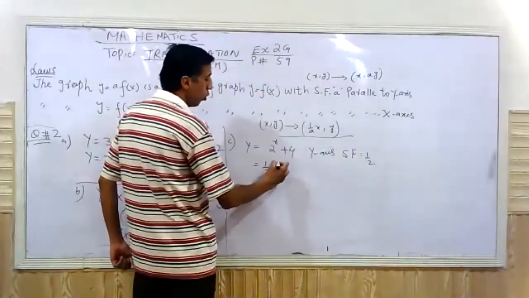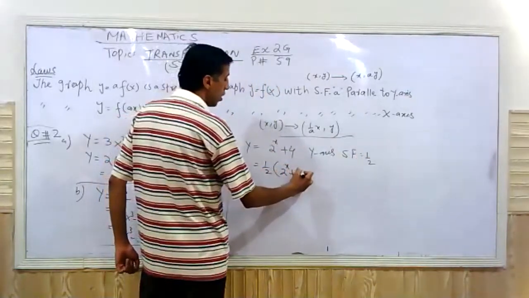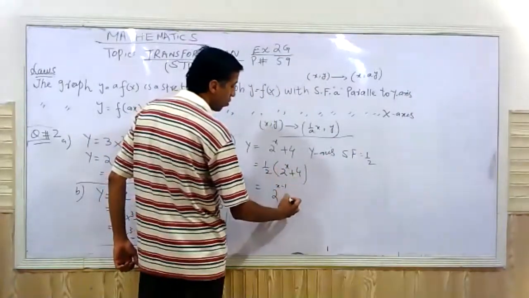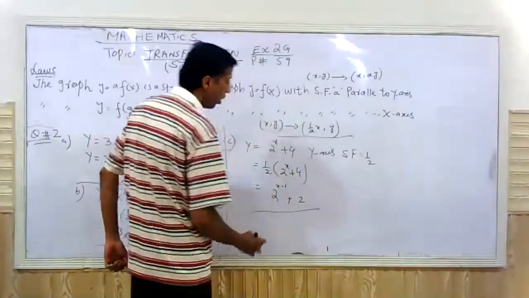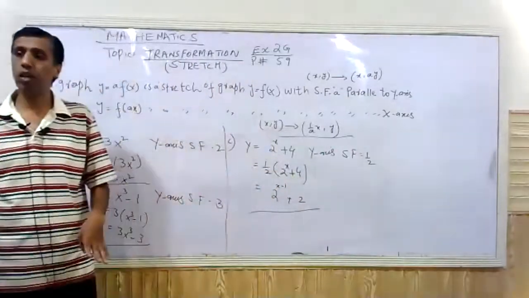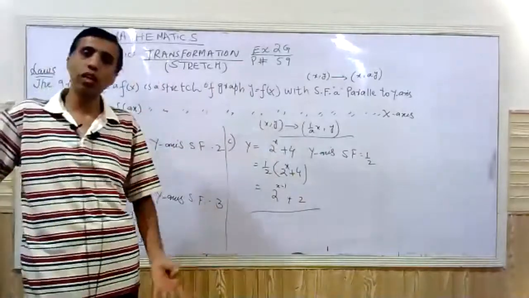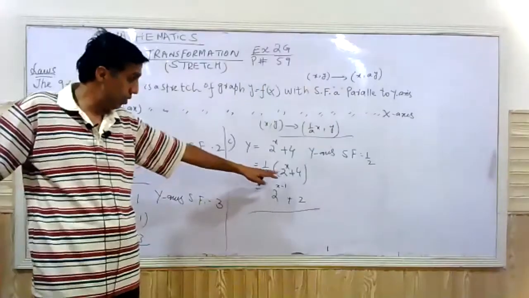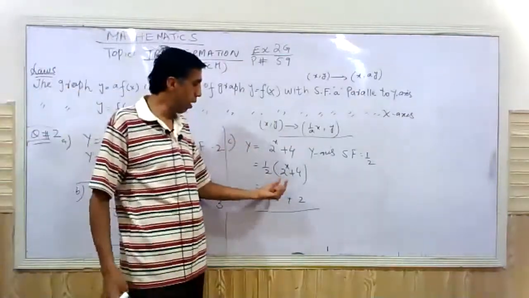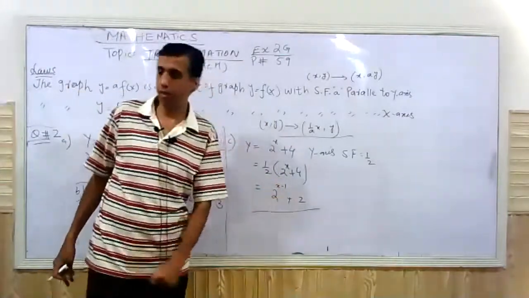Now 1 by 2 times f of x. Here I can write 2 power x minus 1 plus 2, because when you convert 1 by 2 into the base form, you get 2 power minus 1. And regarding the indices rule, if the bases are the same, the powers can be collected at one base.